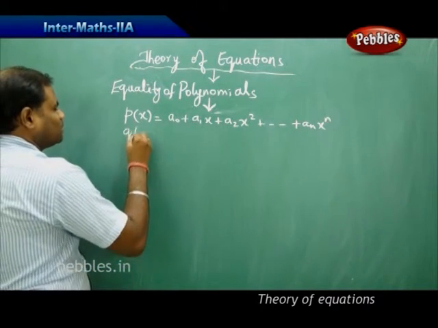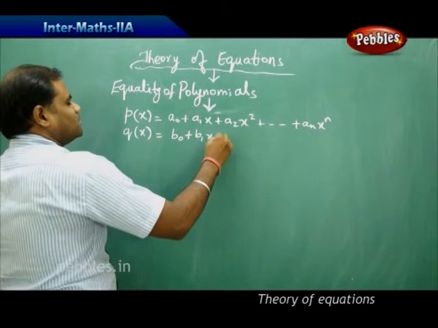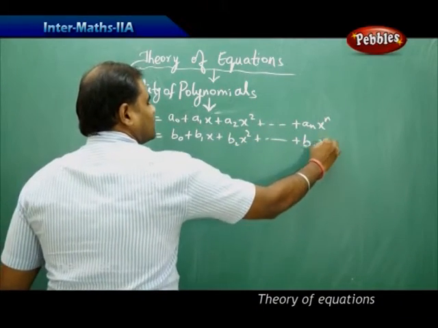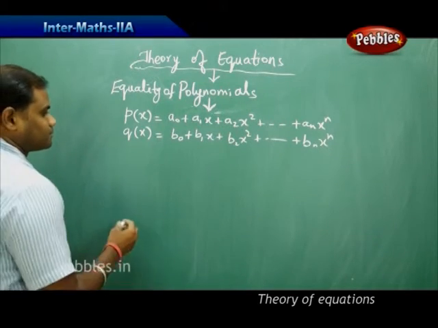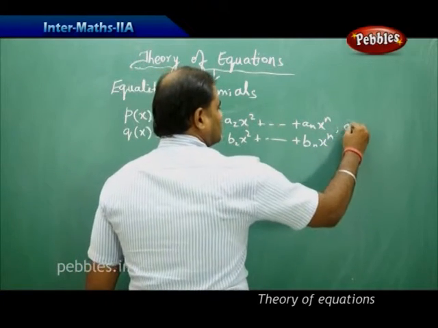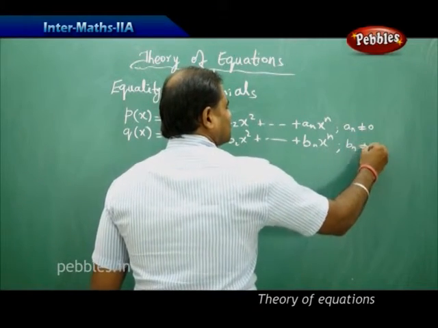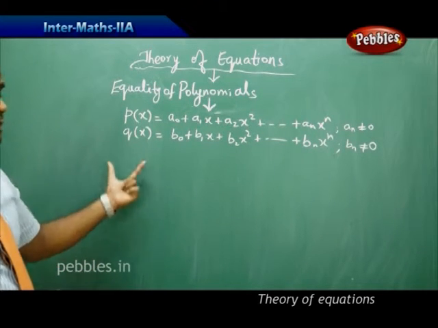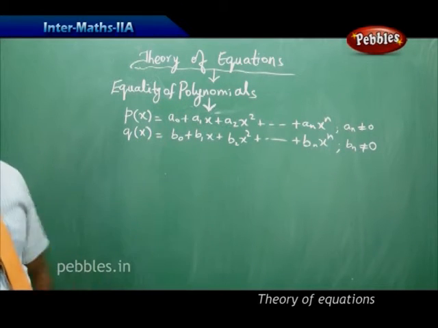Similarly, I take the other polynomial q of x, which is b naught plus b1 x plus b2 x squared till bn x power n. Now an is not equal to 0, bn is not equal to 0, and these are the leading coefficients respectively for p of x and q of x, and a naught and b naught are the constant terms respectively.